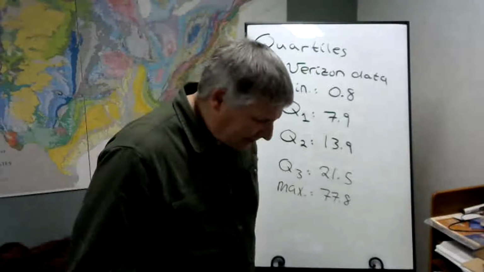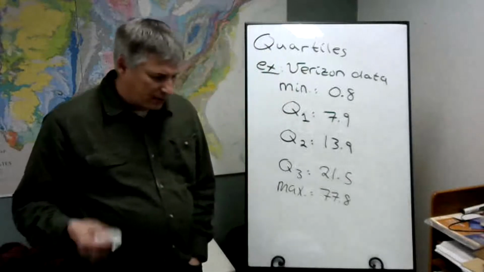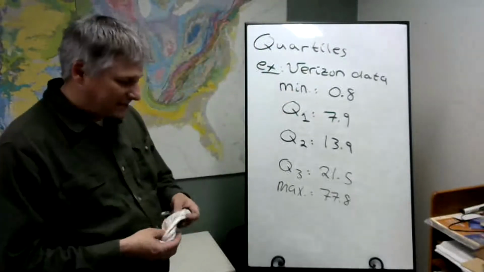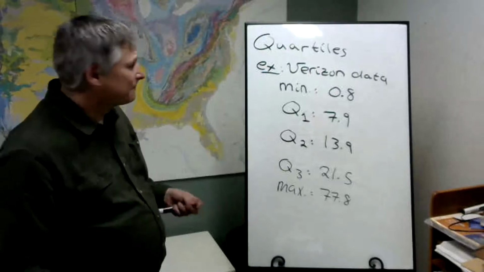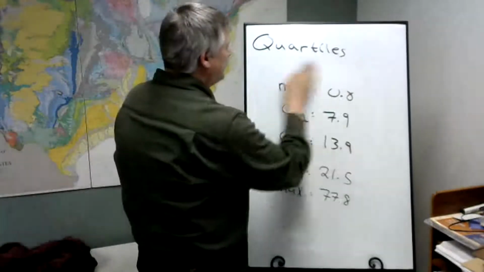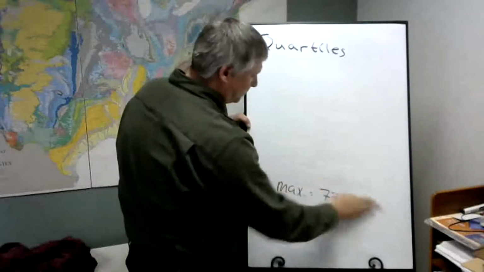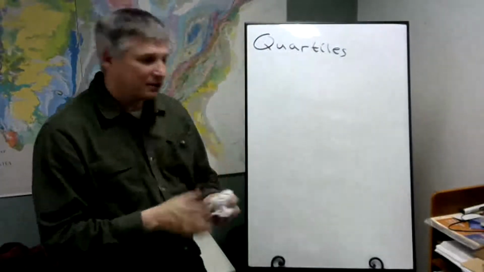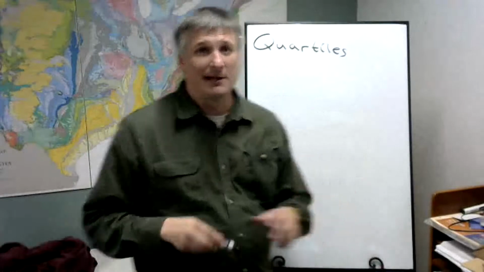Now, we said earlier that a picture is worth 1,000 words. And that's still going to be true here. We're going to turn this into a picture. And the way we do that is with what is called a box plot or a box and whiskers plot.